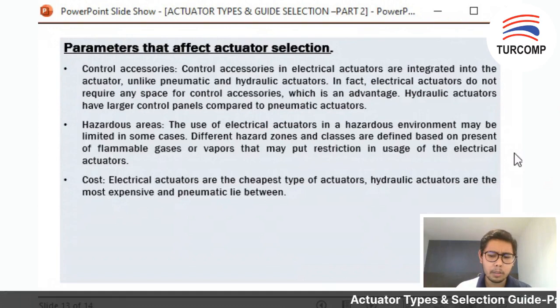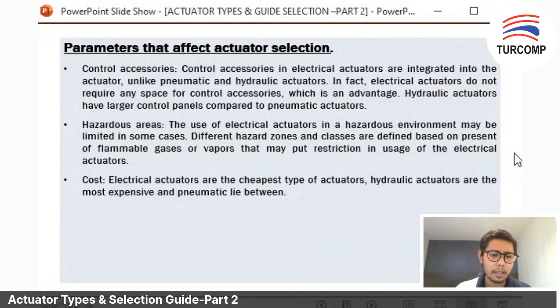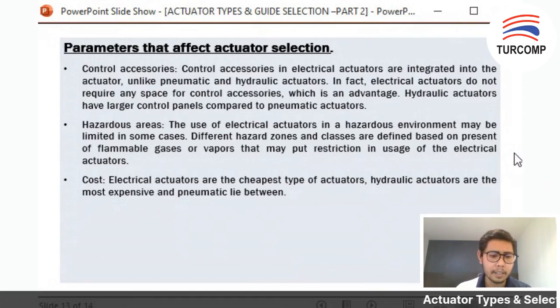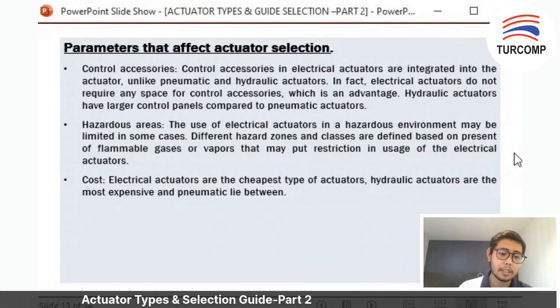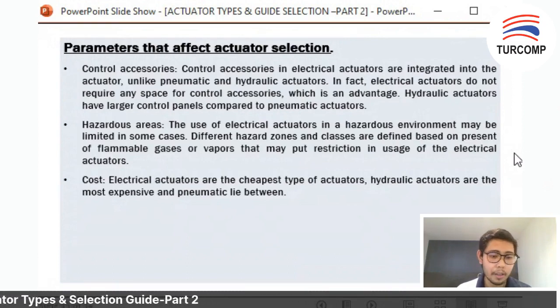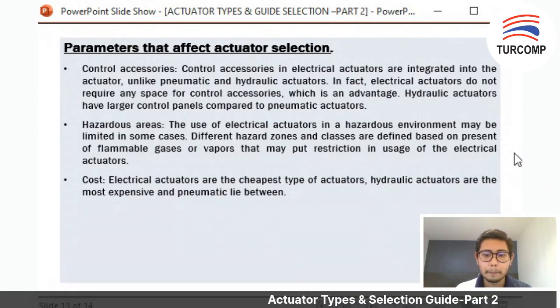If there's any electric leakage exposed to hazardous or flammable gas or vapor, it could create a spark. A spark can cause fire. So these are the things that we need to avoid at all costs. That's why there's a restriction in the use of electrical actuators.